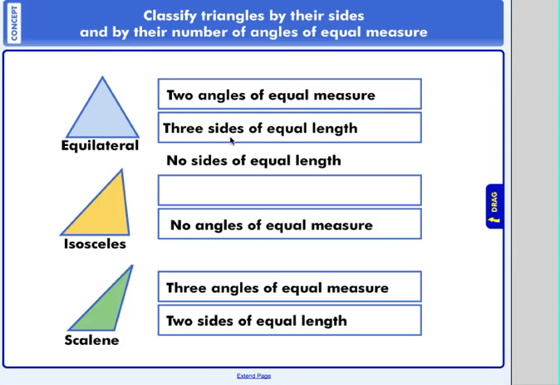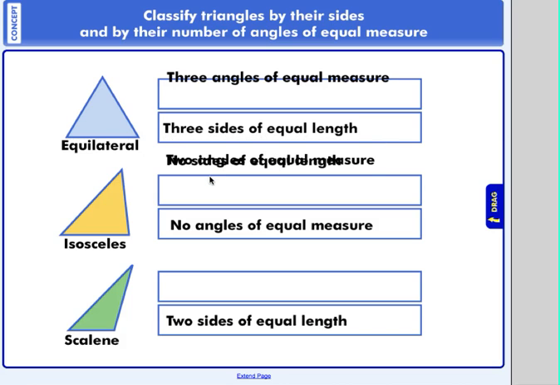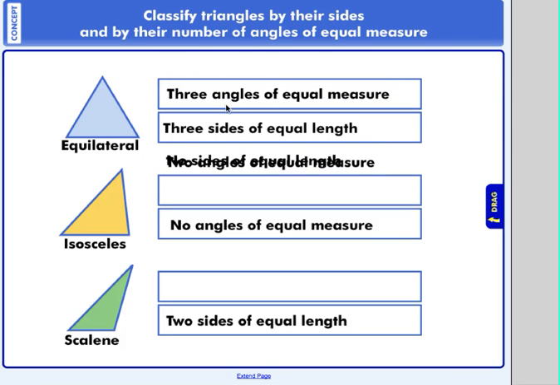And a lot of people don't realize this, but when the sides are all equal length, it means that the 3 angles will have the equal measure as well. So we have an equilateral triangle where it has 3 angles of equal measure and 3 sides of equal length.